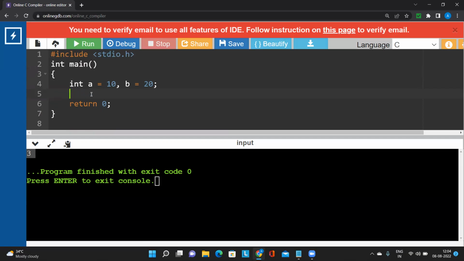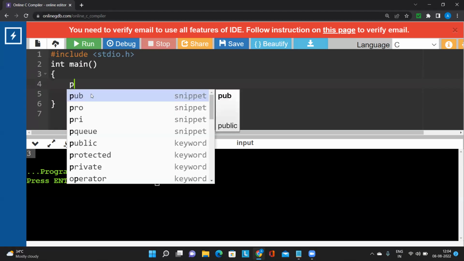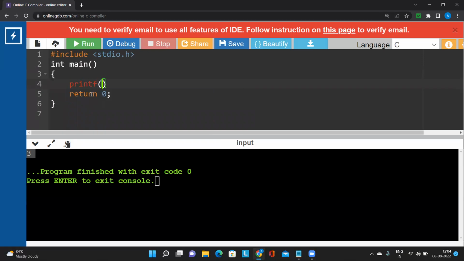But what I'm saying is, there are certain things: the plus and the minus operator can be used on a single operand also, as a unary operator. For example, let us say printf("%d", -10). Now, what will be the output?